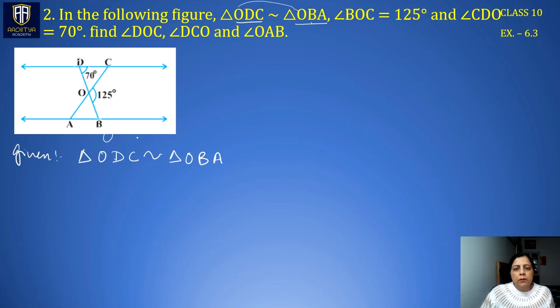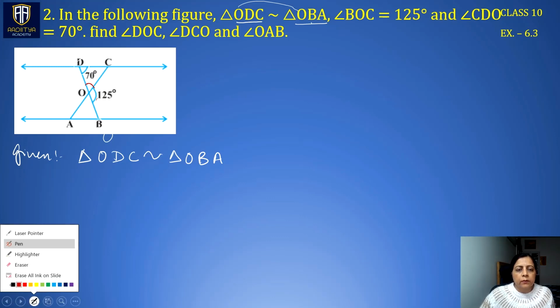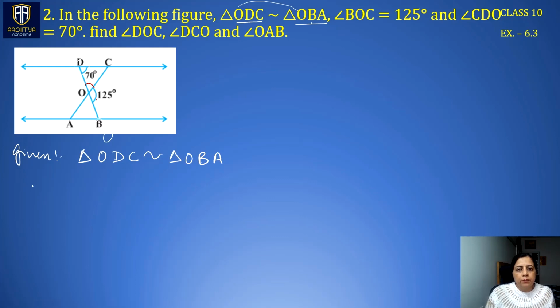So angle BOC is 125 and angle CDO is 70. Find angle DOC, DCO and OAB. First we have to find the angles of the triangle. This angle you can find with a linear pair.